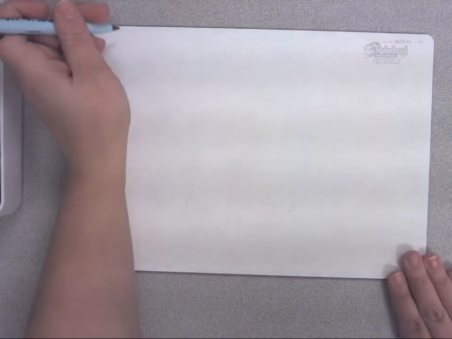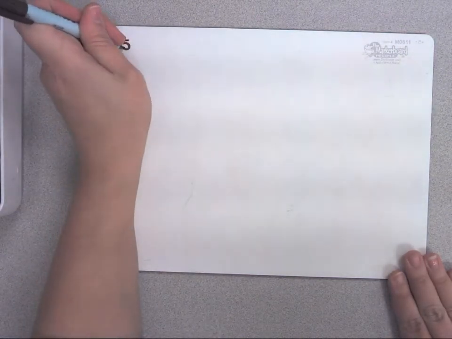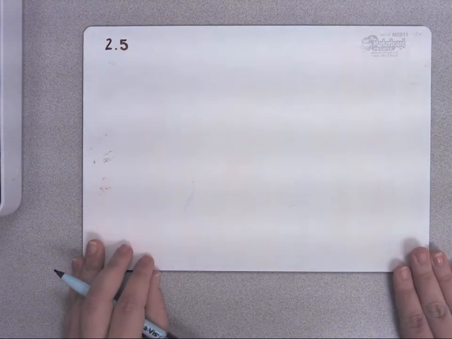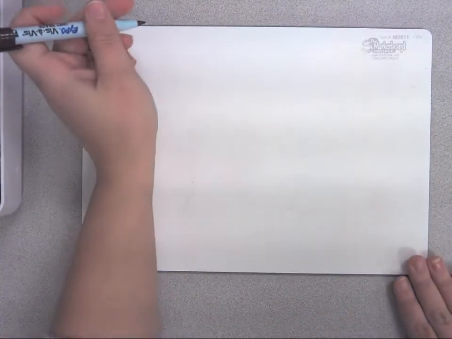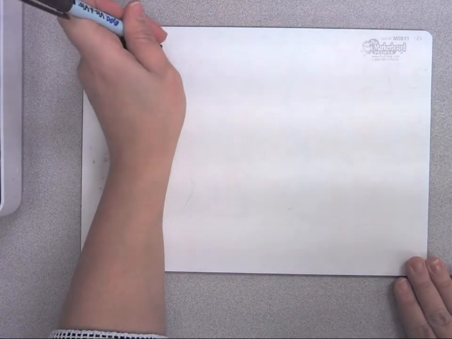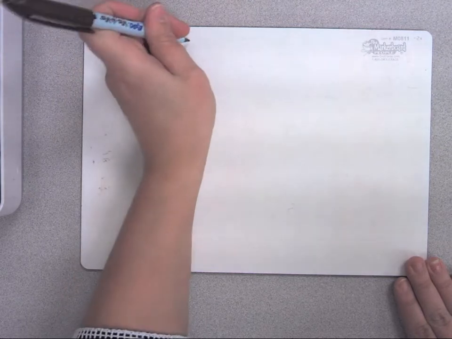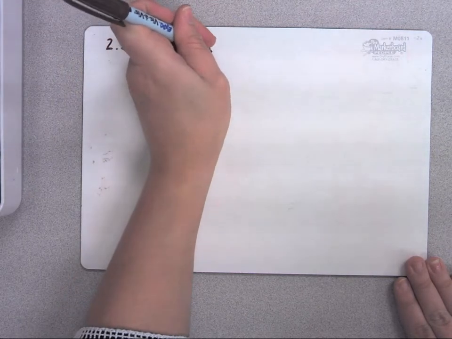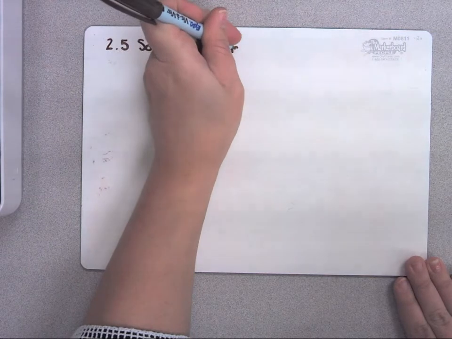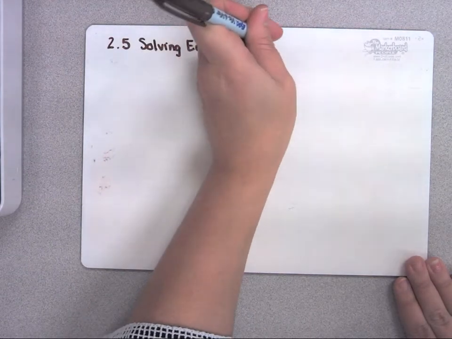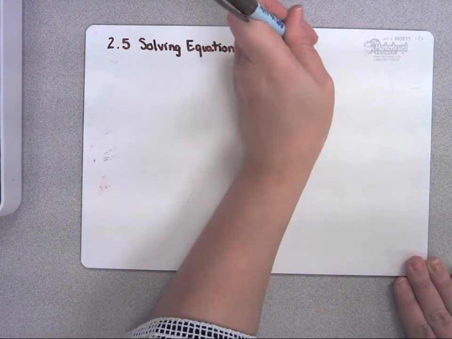Okay, so it's 2.5. The title or topic is solving equations with absolute values.